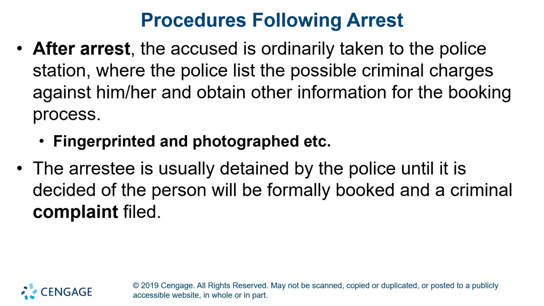The suspect may be fingerprinted, photographed, and possibly required to take part in a lineup. The arrestee is usually detained by the police until it's decided whether the person will be formally booked and a criminal complaint is going to be filed.